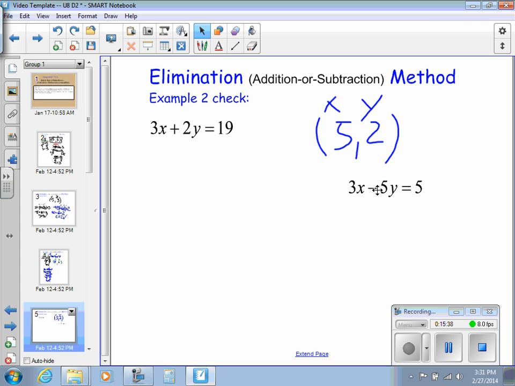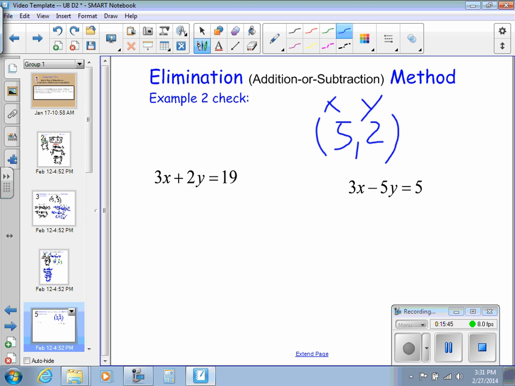Now we'll take each equation and plug it in and check it. So over here, I now have 3 times 5 plus 2 times 2 equals 19.